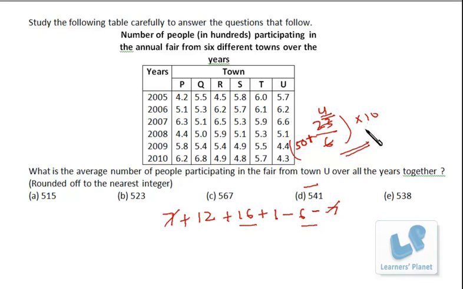Be very careful, because the two options are closer to each other. Just forget other options, but these two are closer. But since 23 is less than 4 times, our answer should be less than 540. So it will be 538. So whenever we are doing approximation, be careful about the options also, right? So I hope you are clear. It's a very nice problem.